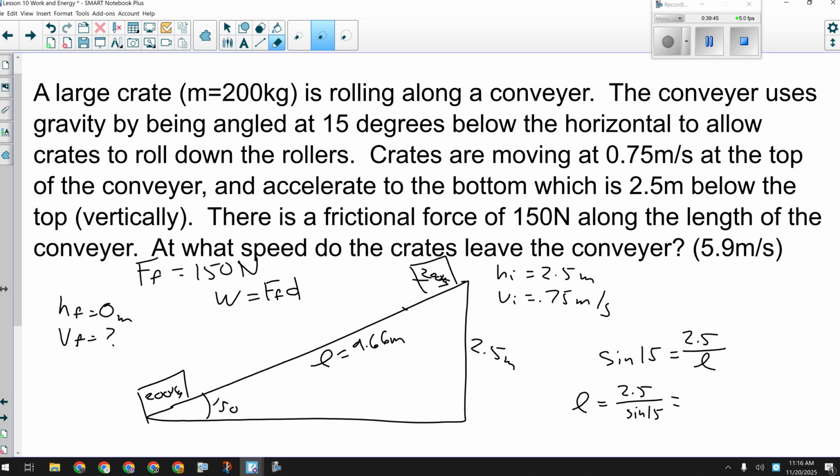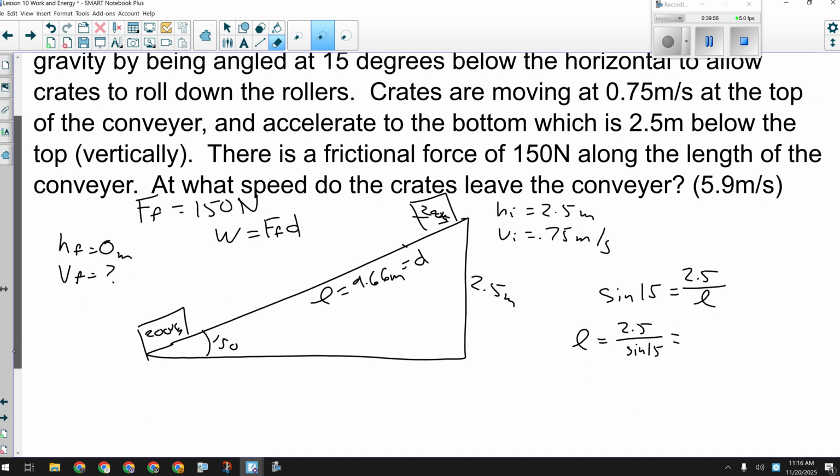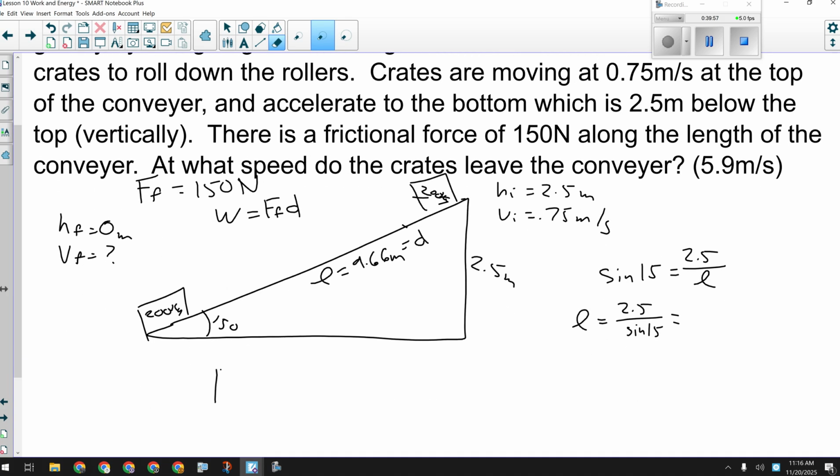That is also the distance over which the force of friction works, okay? And as we said, it's the force of friction working over that distance that causes the change in energy.